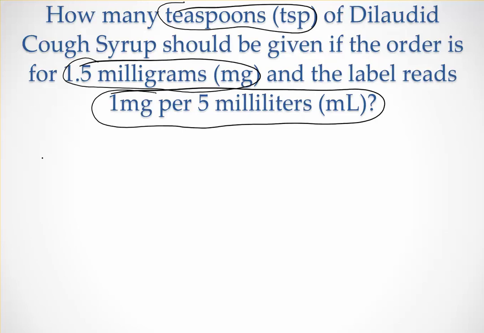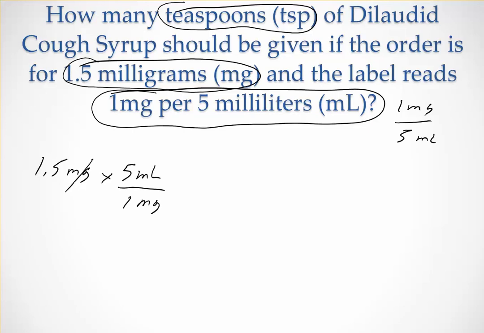The order is for 1.5 milligrams times, now the 1 milligram per 5 milliliters. We don't want to write it like that because milligrams times milligram is milligram squared. So we'll put 5 milliliters per 1 milligram.